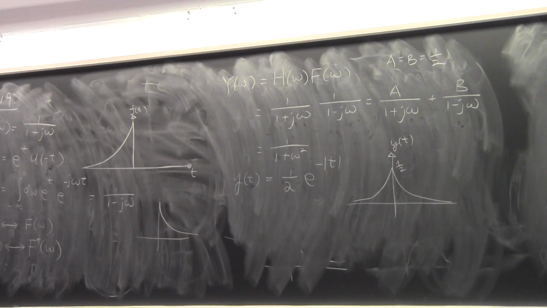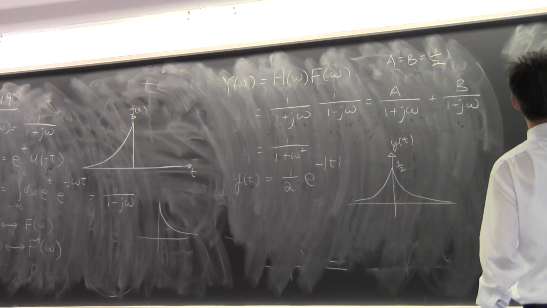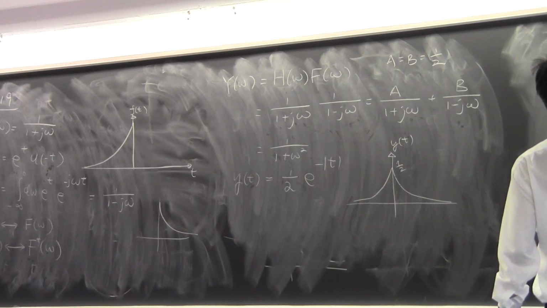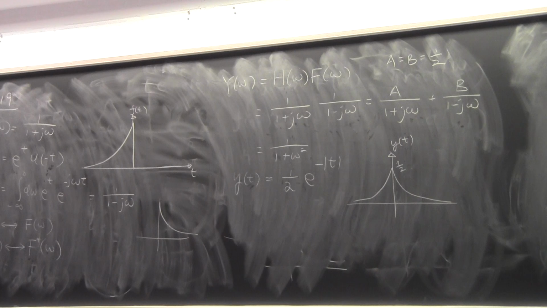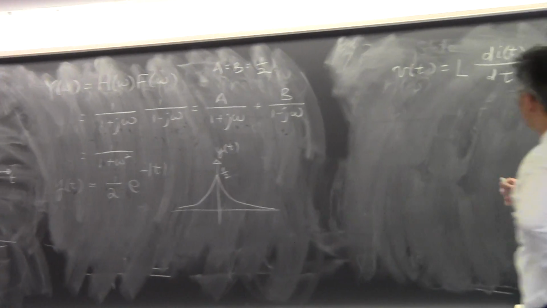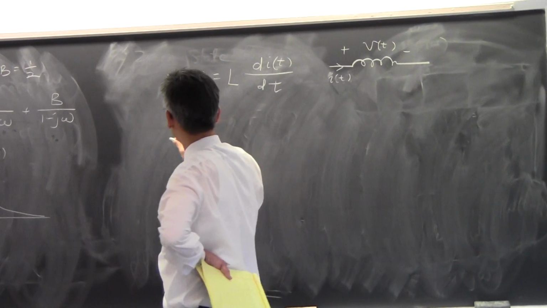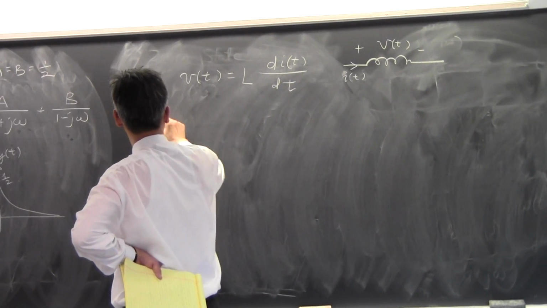Which is something very interesting. If you have an inductor, you know that the IV relationship of an inductor is given by this equation over here. V and I are related by that equation. What happens if I replace both V and I with Fourier transforms?